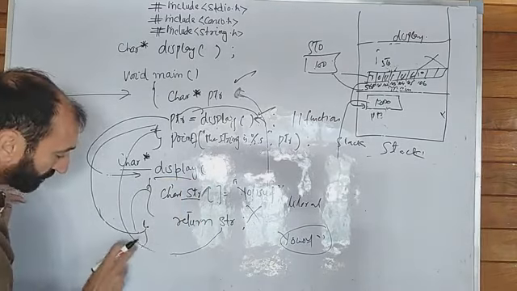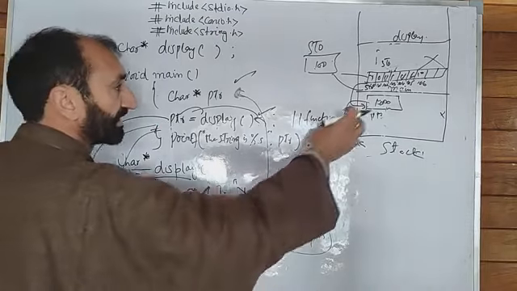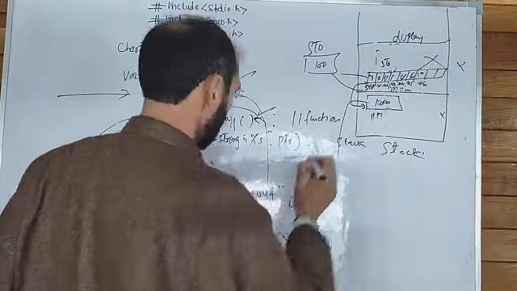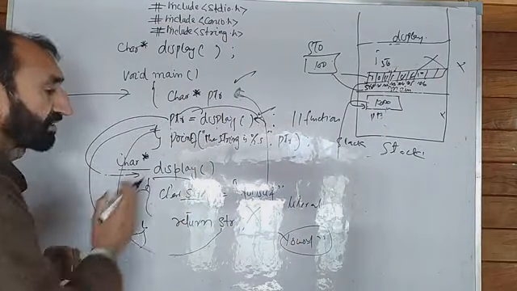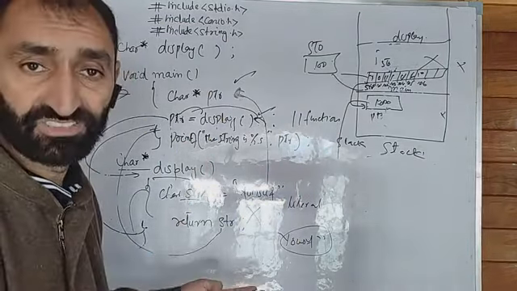As soon as control goes outside, this memory gets released, so as a result we cannot access it.